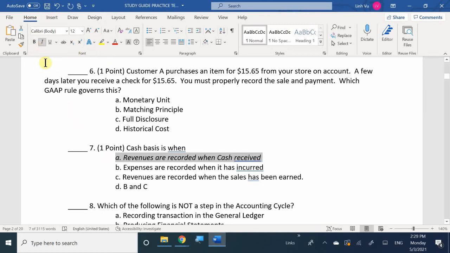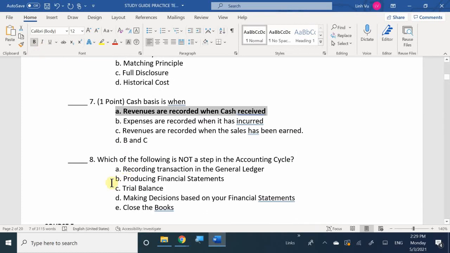Okay, wrong one. Now it says, which of the following is not a step in the accounting cycle? D. Making decisions based on your financial statements. Of course, that's not a step there. Your only step is just to produce it.